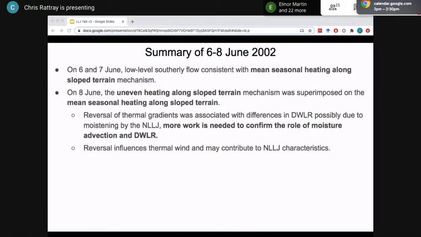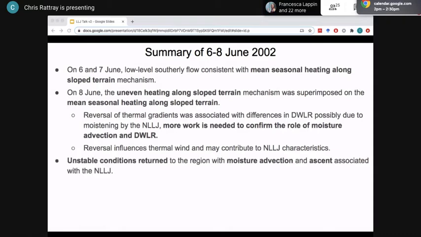However, these results are still very recent, and we need to do more work to look at this, such as looking at the full energy budget and other things. And then unstable conditions returned to the region with moisture advection and ascent associated with the jet.